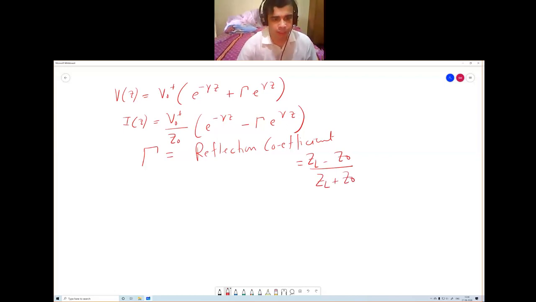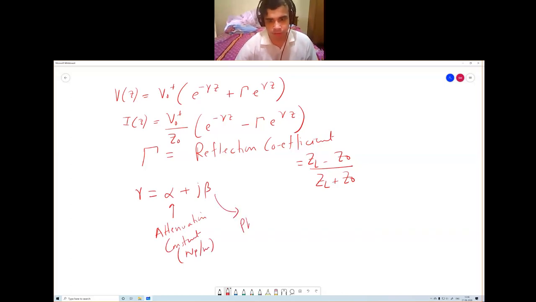And small gamma was alpha plus j beta, where alpha was the attenuation constant, whose value was given in nepers per meter, and beta was the phase constant, whose value was given in radians per meter.